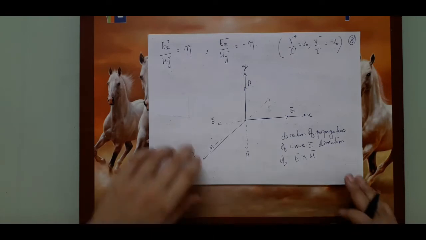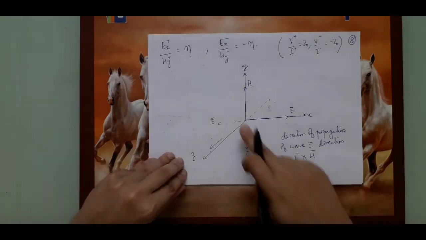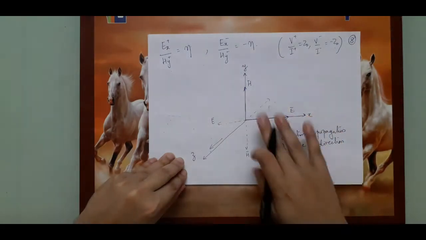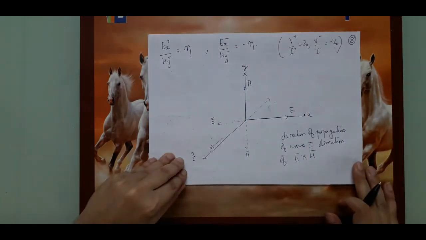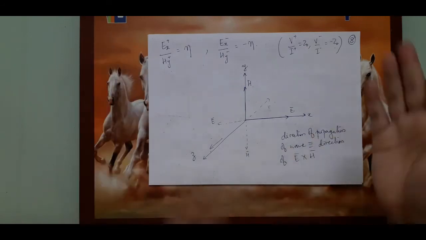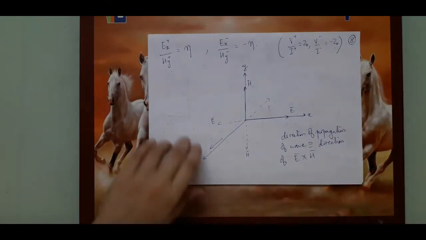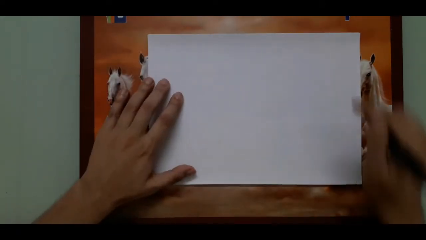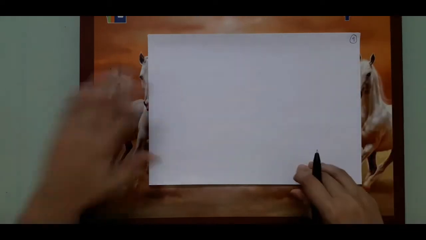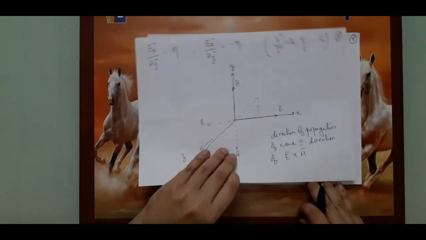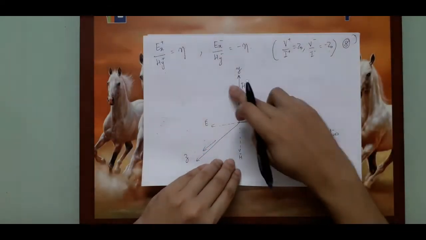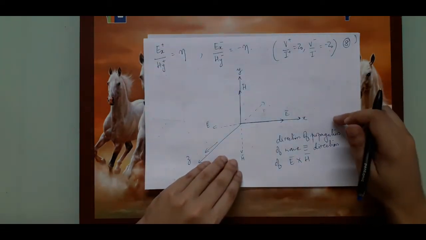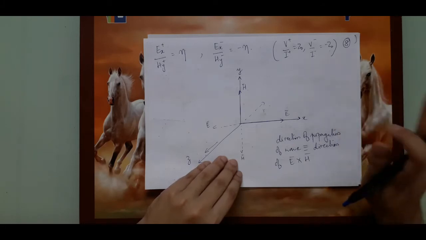So now I was mentioning that in general the E and H field vectors need not always be aligned on the x and y axis. For all you know, they could be existing anywhere on the x and y plane. So let us see how. Remember that we are taking E and H along the x and y directions because that is what the simplest solution for the Maxwell's equations or the wave equations gave us.